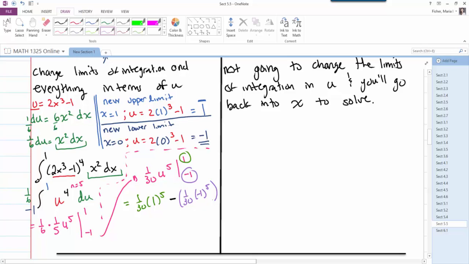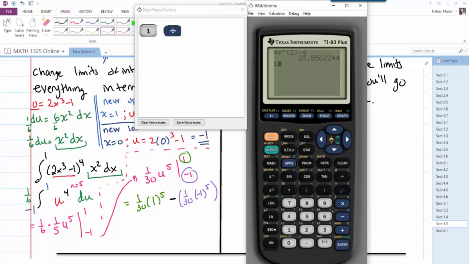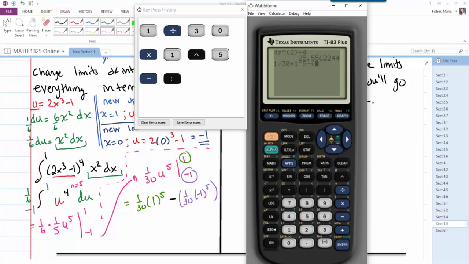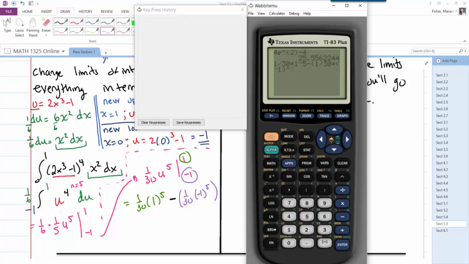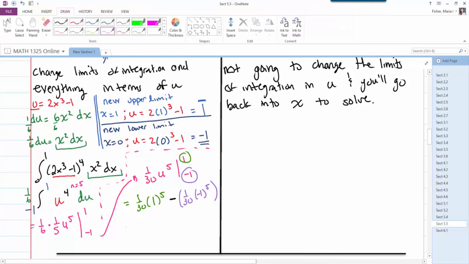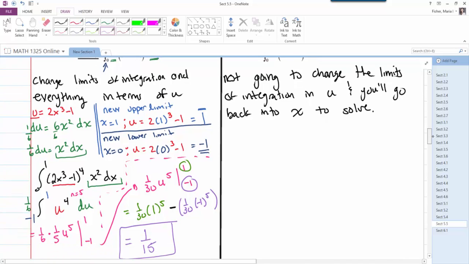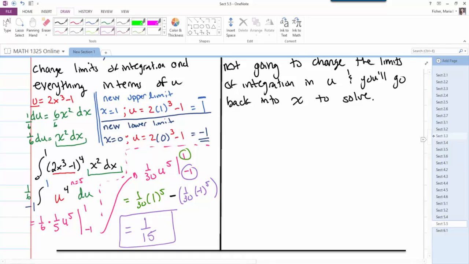Grabbing a calculator to work this out, you're looking at 1/30 times 1 to the 5th minus 1/30 times negative 1 to the 5th. And you end up with, making that a fraction, 1/15. So the integral from 0 to 1 of x squared times 2x cubed minus 1 to the 4th dx is 1/15.